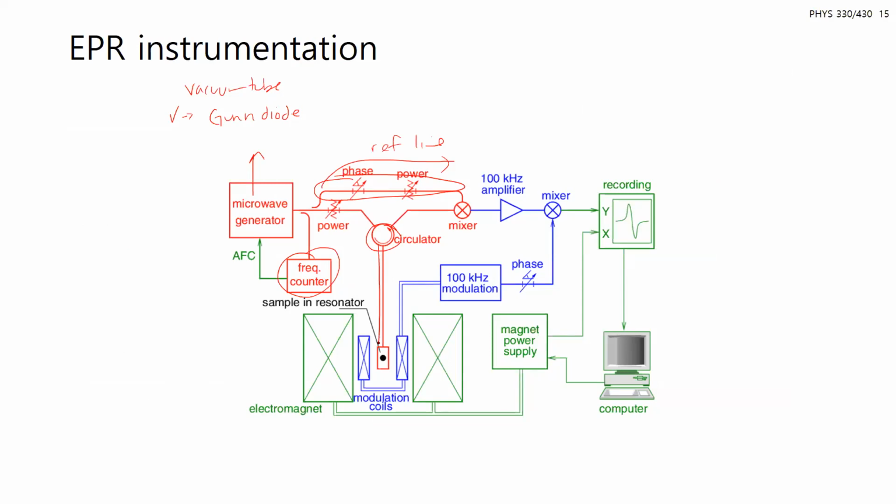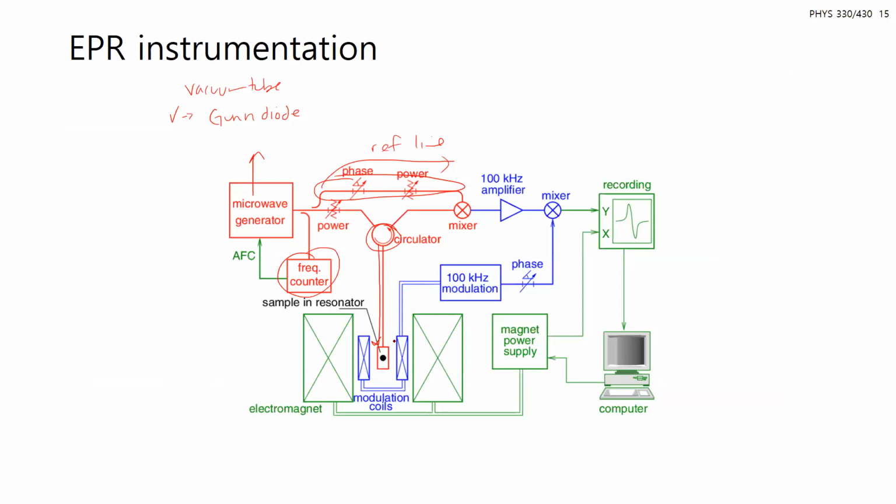that sends signal down to your sample within the magnetic field. The sample sits in a cavity to help enhance the number of interactions between your microwave and your sample, to help increase your signal to background ratio.